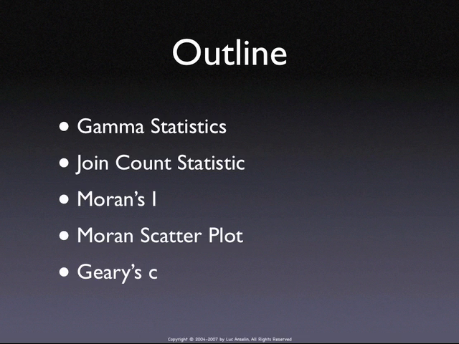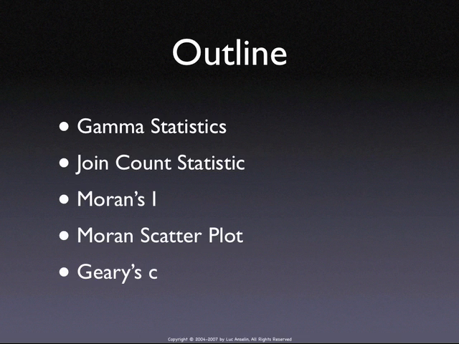Specifically, I have a lot of the full expressions for some of the means and the variances of these statistics, which we're not going to derive. They are just for your information so that you have something to look up. But we'll start with the general cross-product statistic, the gamma statistic, which is generic, not necessarily spatial.